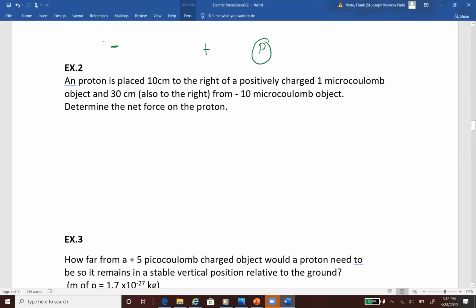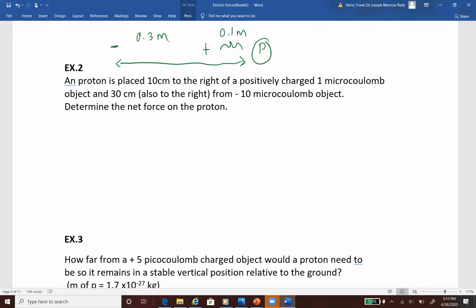It is 10 centimeters from the positively charged object, so that's a distance of 0.1 meters. Whereas the other distance, from here to here, is a distance of 0.3 meters. So we're going to figure out the net force acting on the proton.